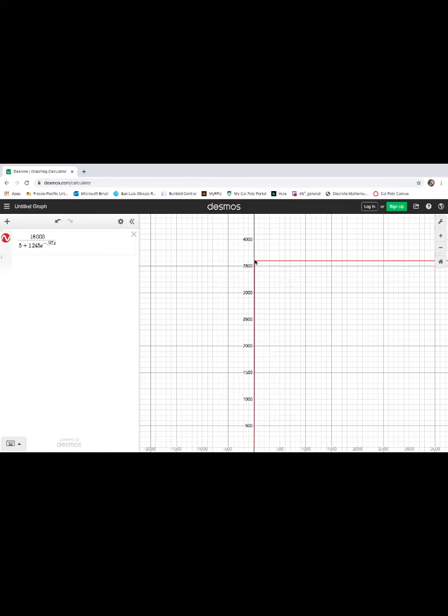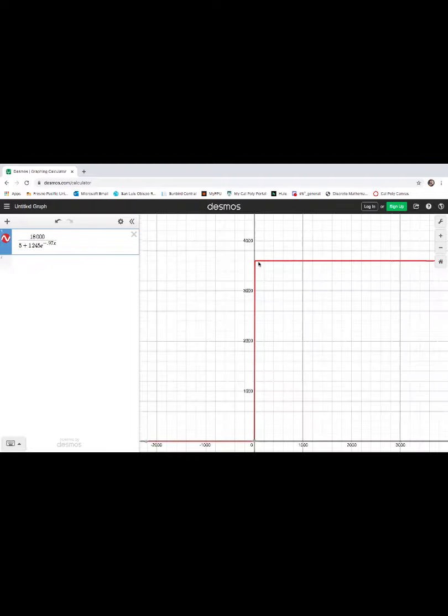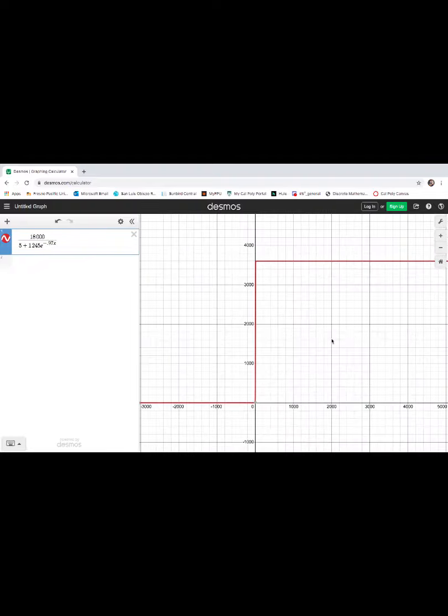And then it starts to flatten out at around 3,600. So that's kind of like the cap, where it becomes a constant function, and that's where it stops increasing.